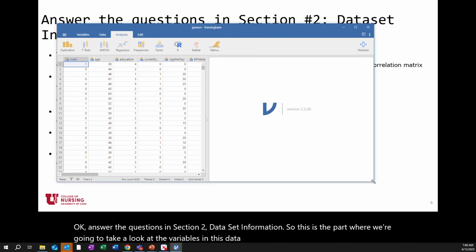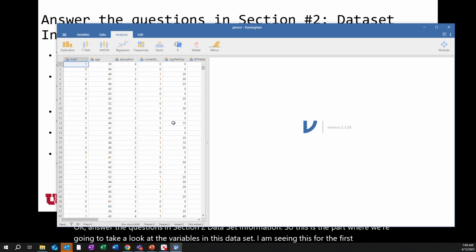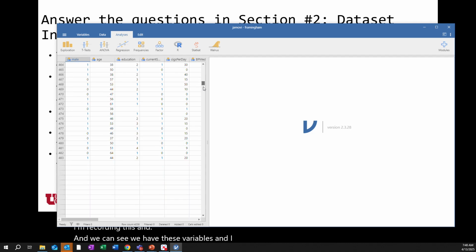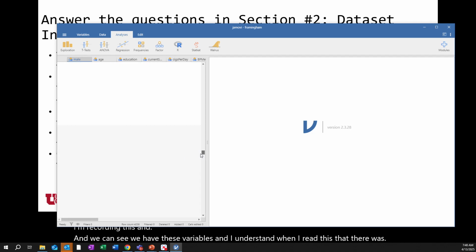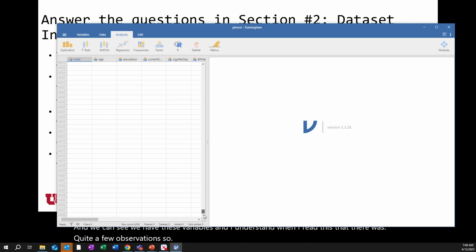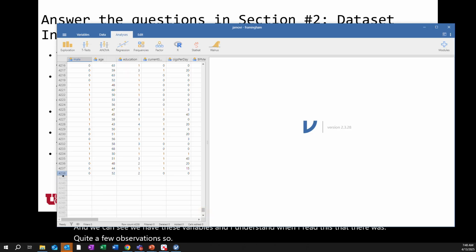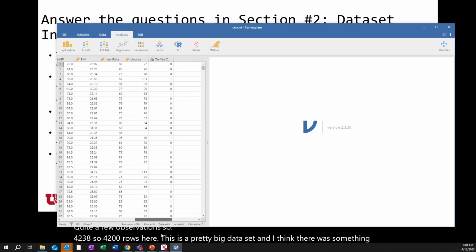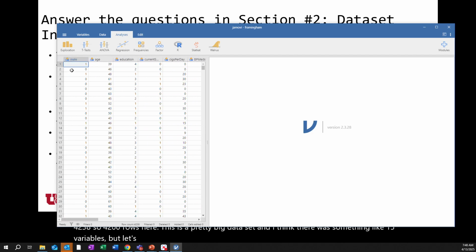I am seeing this for the first time while I'm recording this, and we can see we have these variables, and I understand when I read this that there were quite a few observations. 4238, so 4,200 rows here. This is a pretty big data set, and I think there was something like 15 variables. But let's take a quick peek at what variables we have.